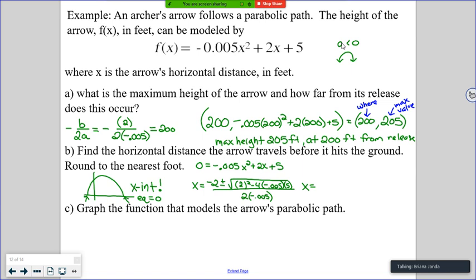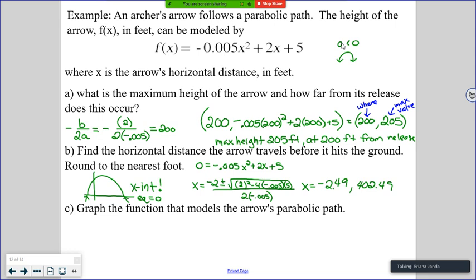Okay, and for the sake of time, I think I already typed this in my calculator. It does come out ugly. There it is. You get two answers, negative 2.49 and 402.49, I think.